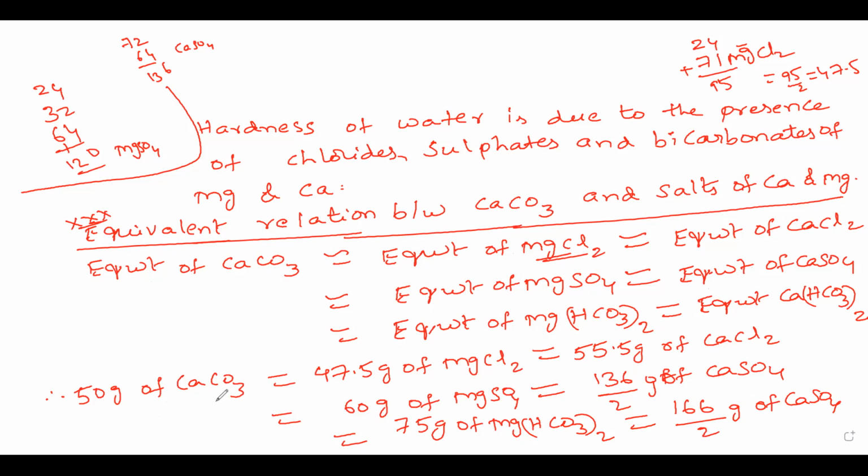So 50 grams of calcium carbonate is equal to 47.5 grams of magnesium chloride, and also equivalent to 55.5 grams of calcium chloride. That is nothing but molecular weight by 2. So we have to calculate the equivalent weights of all these salts and equate them to 50 grams of calcium carbonate. This is called the equivalence relation.